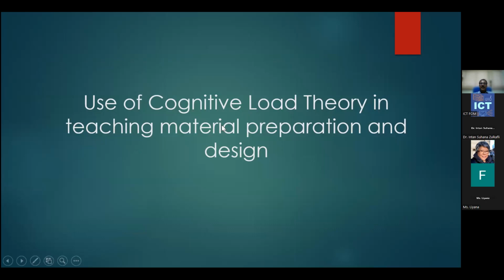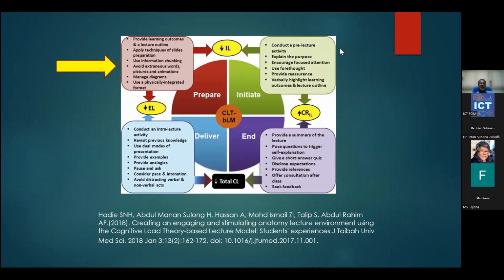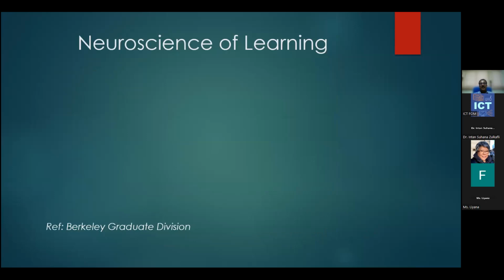So the cognitive load is important in the preparation and design of teaching material. This is just a general scheme which was published some time ago, on how the lecturers can prepare, deliver, and initiate to end the lecture using the cognitive load theory.